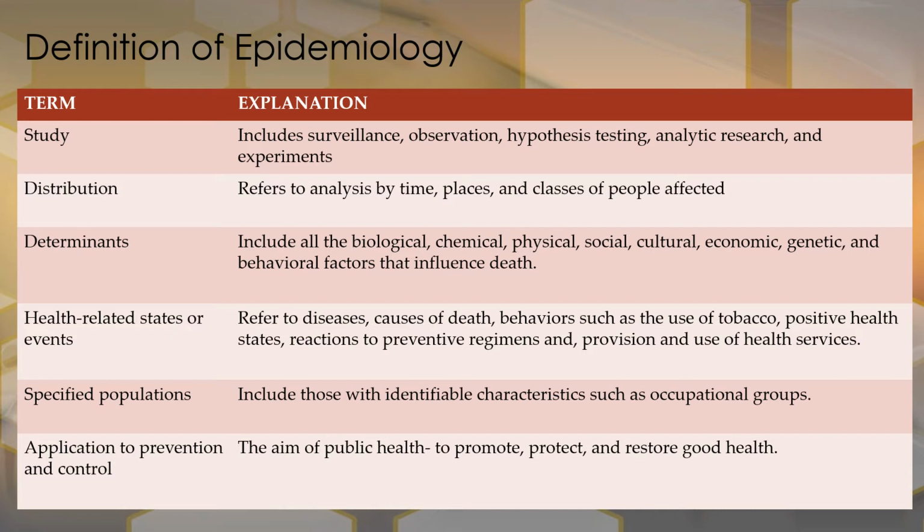Now, when we say specified populations, that includes those with identifiable characteristics, for example, by age group. So we have neonates, infants, toddlers, school-age children, teenagers, young adults.